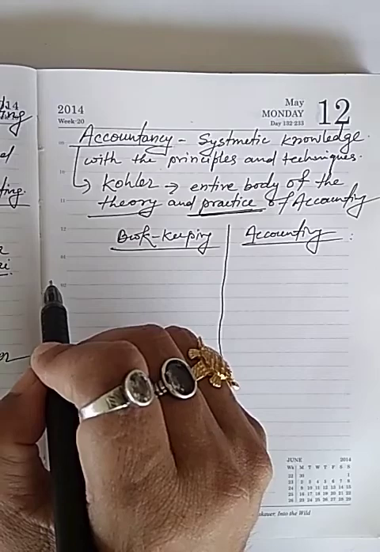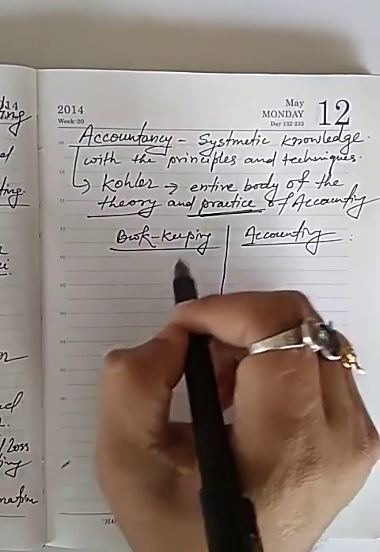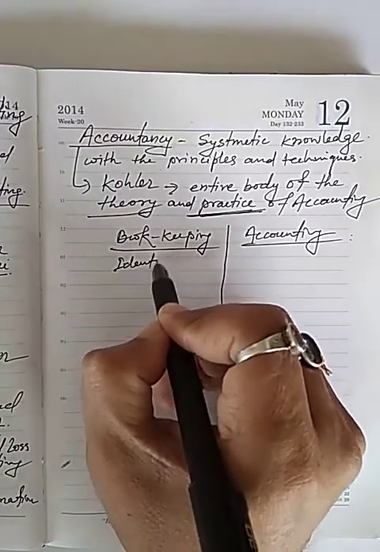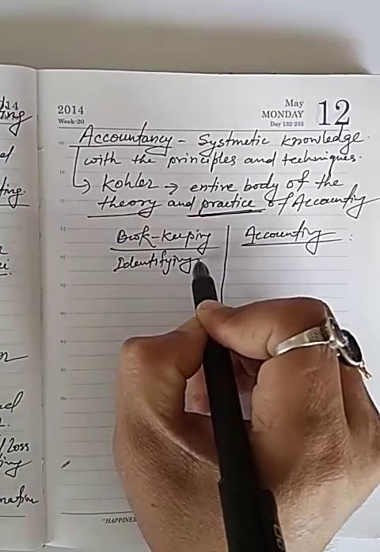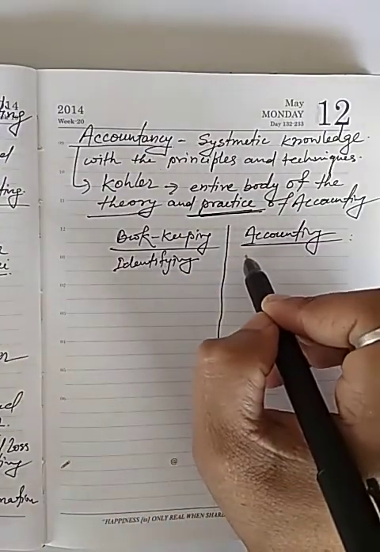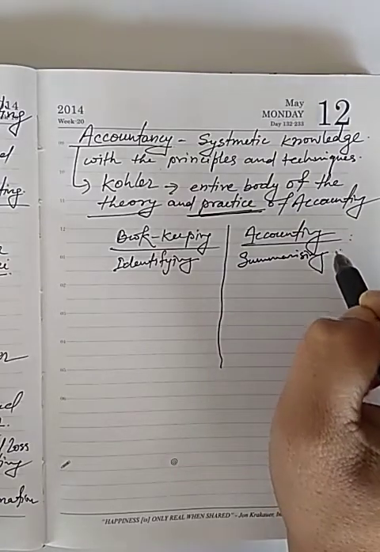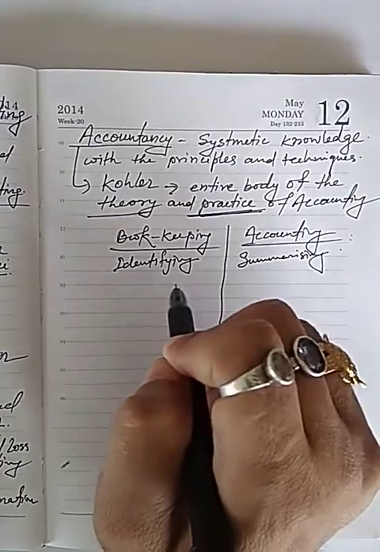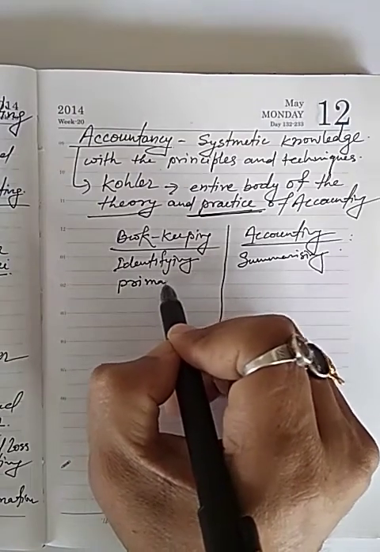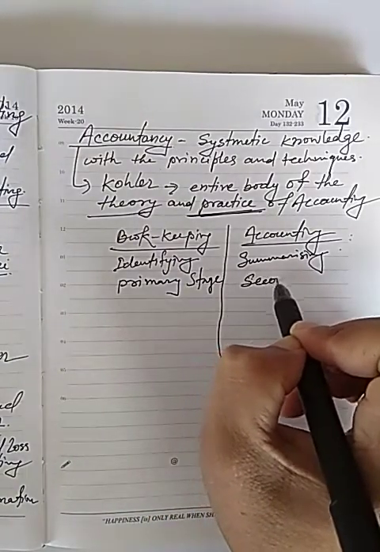The first difference is bookkeeping includes identifying the transactions of financial nature, and accounting includes summarizing the classified transactions. The second thing is, it is the primary stage, and it is the secondary stage.